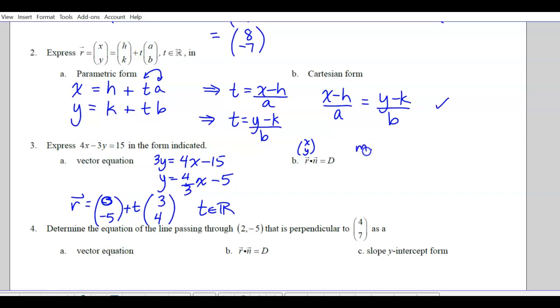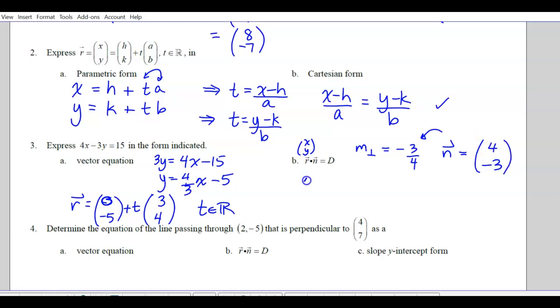So our slope perpendicular would be -3 over 4. Okay, so our normal vector, which is the vector perpendicular to the original. So the vector that represents this slope here. So the rise is -3. So that will be in the y component, and the run is 4.